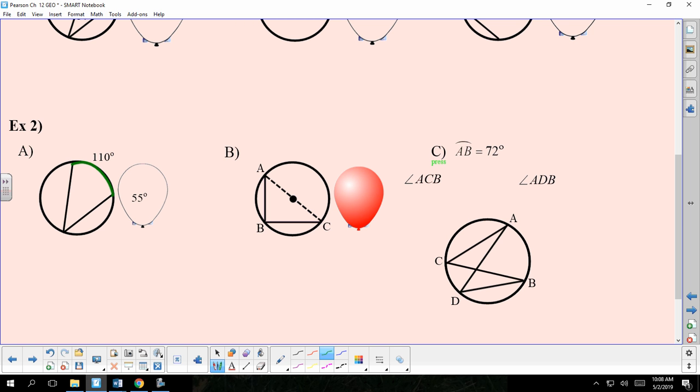Now we have a diameter. So it turns out that any inscribed angle where the endpoints are the diameter, this arc has to be 180 degrees. What type of triangle is right here? A right triangle, and that has to be 90 degrees.